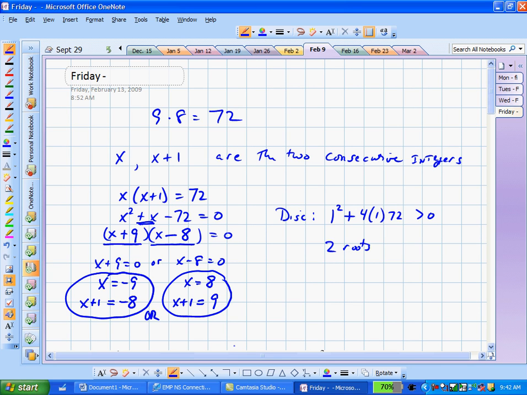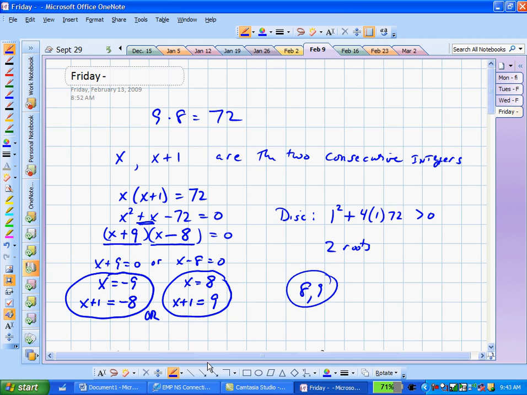If I say, give me two consecutive integers which, when you multiply them together, you get 72, quickly you said 8 and 9, and you're done. You circle it, and you say, I'm finished. And you got, on a test, less than half credit. Why? Well, first of all, you didn't get the full answer.